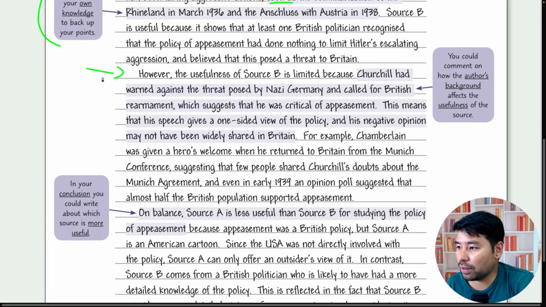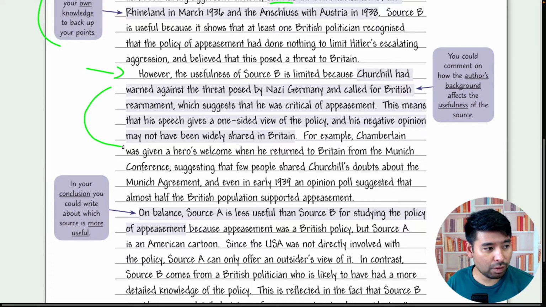So you could comment on how the author's background affects the usefulness of the source. What he meant here is that the comment of the author only showed one side of the story, because if we continue studying, googling, checking information, we're going to see that Churchill, who I believe was the prime minister at the time, made that speech, but also had more opinions about the situation.